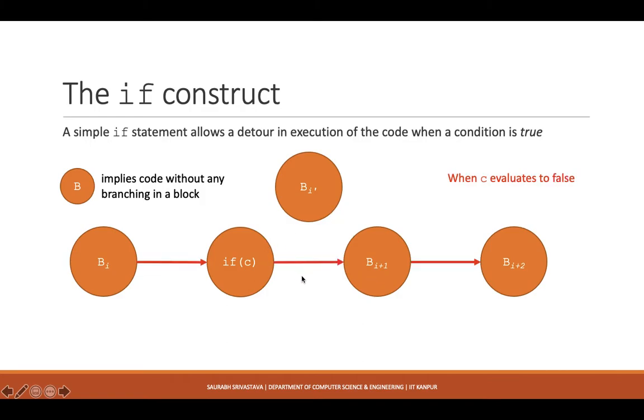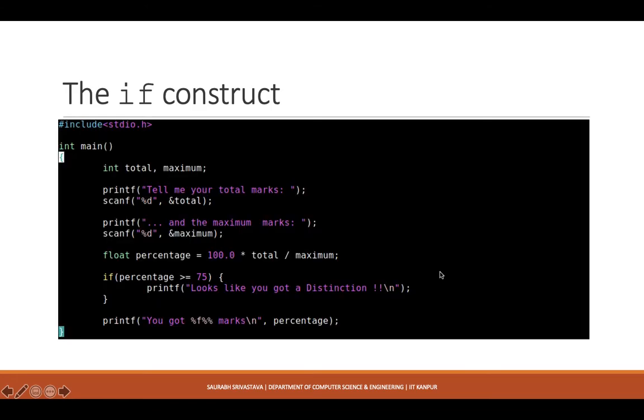So this is the case when the condition c is true. If the condition is false, then this if block is simply ignored. Okay, so essentially your control simply flows away like this, in a linear fashion. So this is a very simple example.